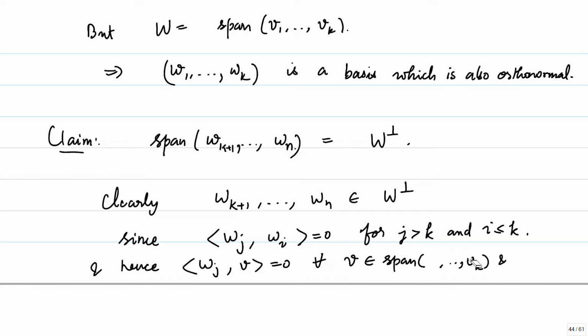Therefore, this tells us that for V in the span of W1 to Wk, the reason why we are able to conclude this is because V is in the span of W1 to Wk, and this basically means that Wj belongs to W orthogonal.